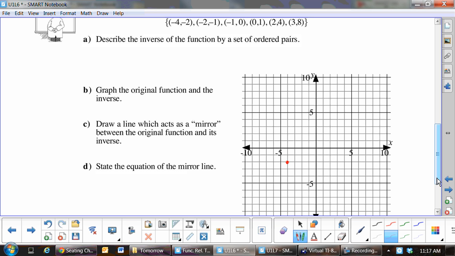And then negative 2, negative 1, right there. Negative 1, 0, 0, 1, 2, 4, and 3, 8. Okay, so it's probably a graph that goes like this.